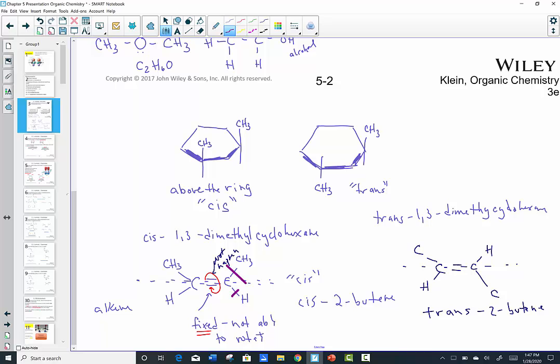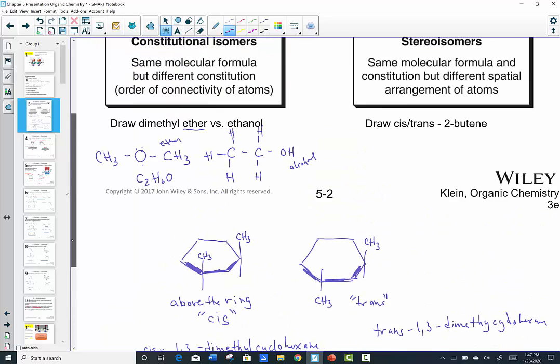So the cis-trans configurations are not interchangeable. They are not interchangeable because the bond is not able to rotate. It's a very fixed, rigid area of the molecule. Since they have different connectivity in space, they are different stereoisomers, and they will have different names.